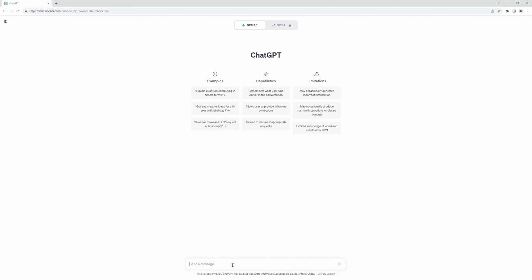So let's imagine that we wanted to generate ideas for a discussion board. We're using ChatGPT as sort of a co-writer and an idea generator, and we want to say, give me 3 discussion board ideas.